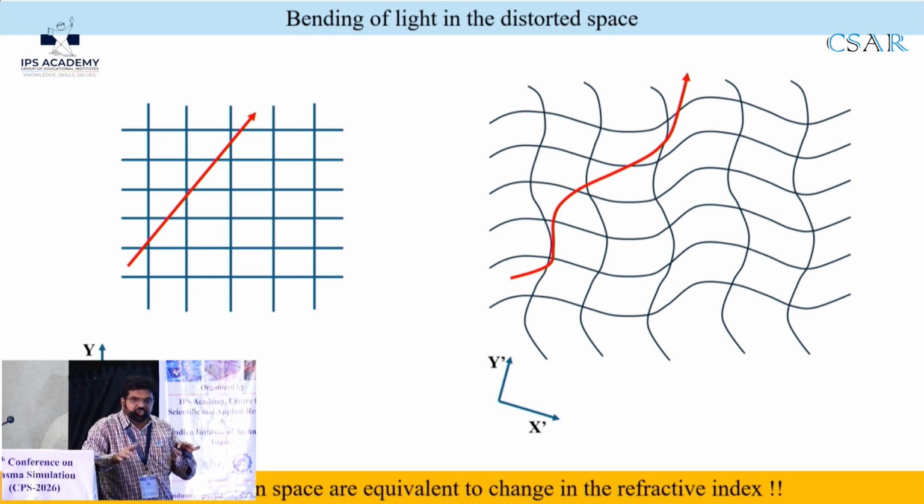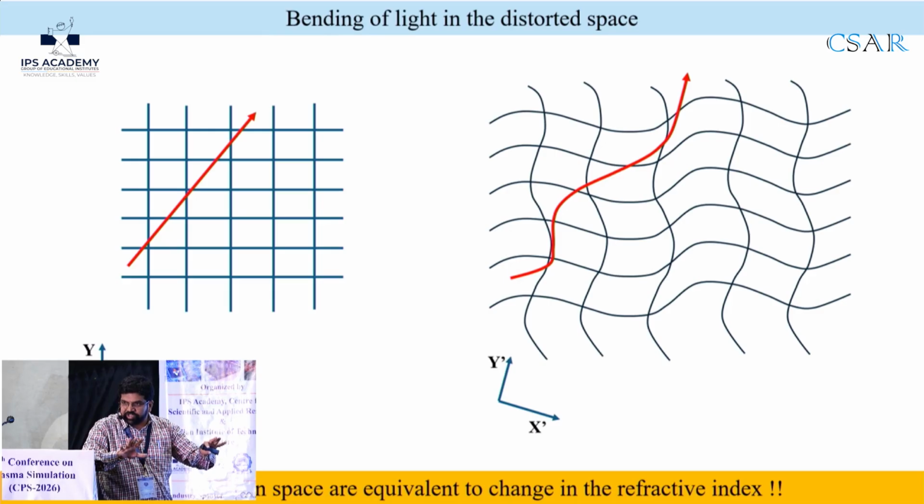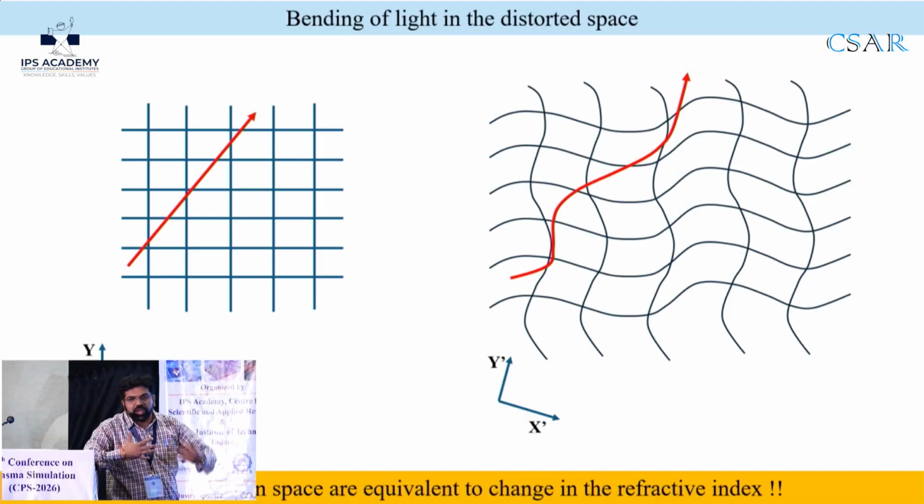That means the distortion of space has led to the light getting curved. But we know that light also takes a curved path when there is a dielectric medium placed in it. So the distortion in space can be equivalently mapped into the presence of a dielectric medium. A change in the refractive index is equivalent to a distortion in space. That is the essential idea of transformation optics.